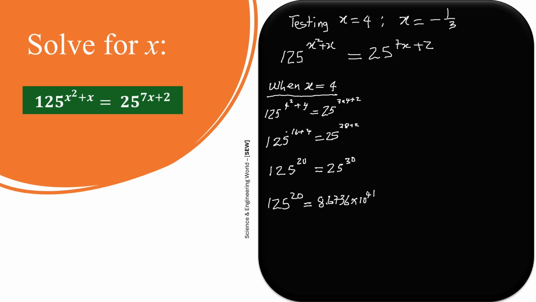And 25 to the power of 30 also gives us 8.6736 times 10 to the power 41. So x equals 4 satisfies the equation.